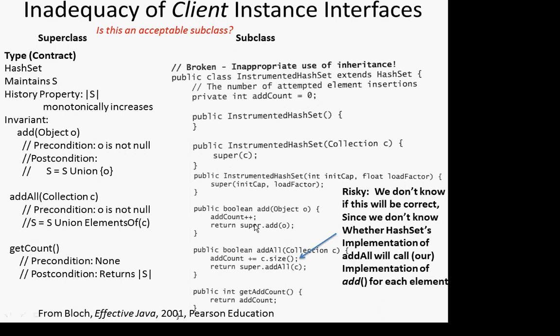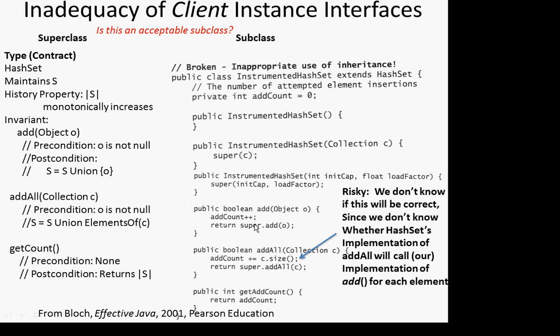And I have an instance S of instrumented hash set, and I call its add all. Whose add all is called? Hash set's add all is called because I haven't overridden it.